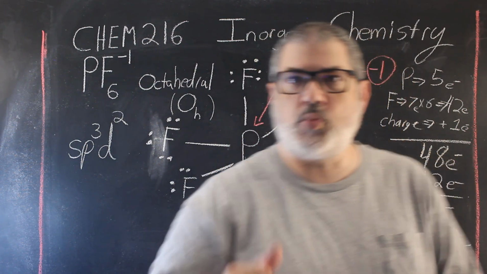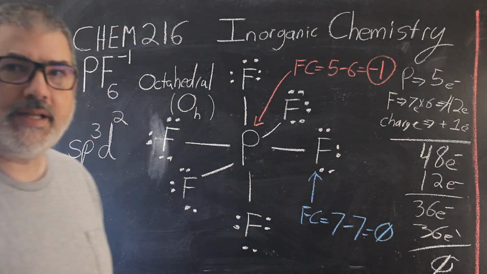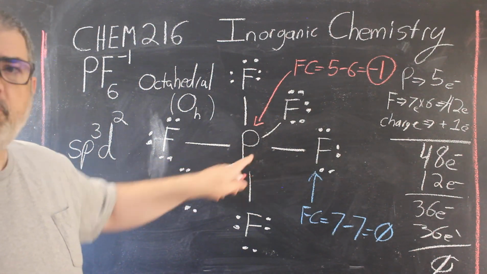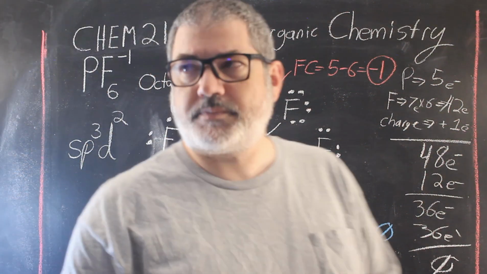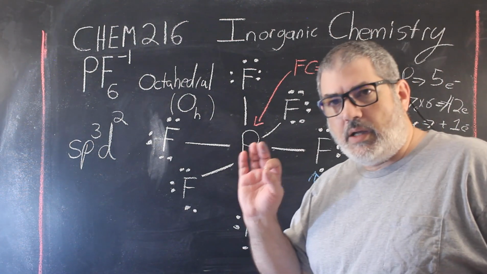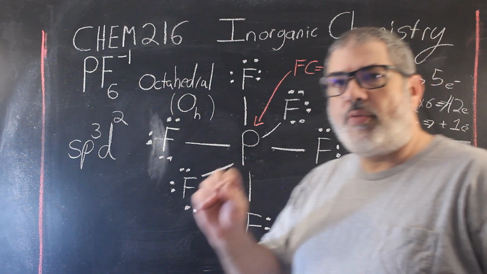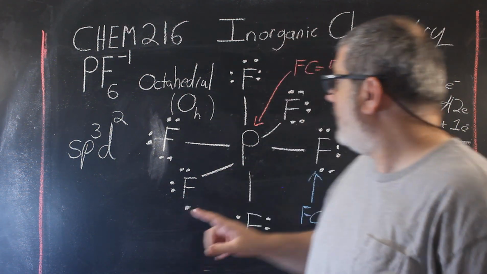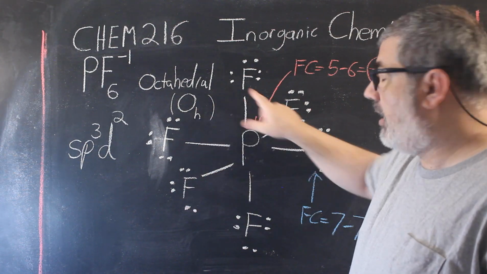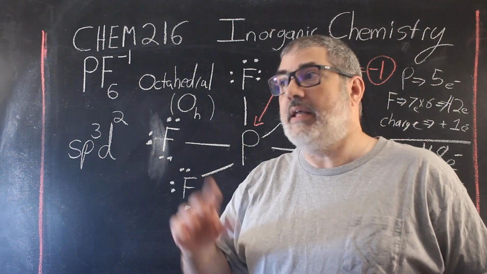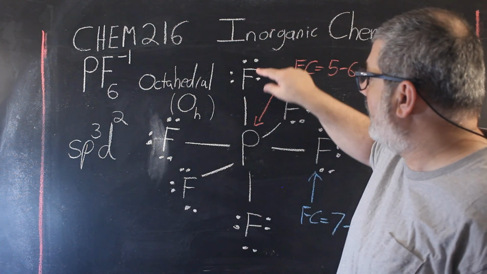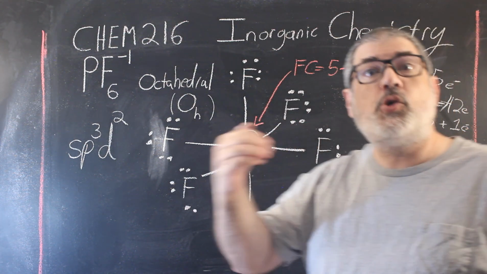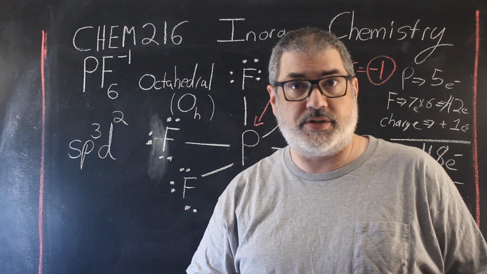So again, I just want to keep putting that seed in your mind of what you need to be thinking about. Is this polar or non-polar? Right? It's octahedral, so that means the molecule has symmetry if all the atoms are the same, or if you have a situation where, let's say this was bromine and this was bromine, the molecule would still have symmetry to it.